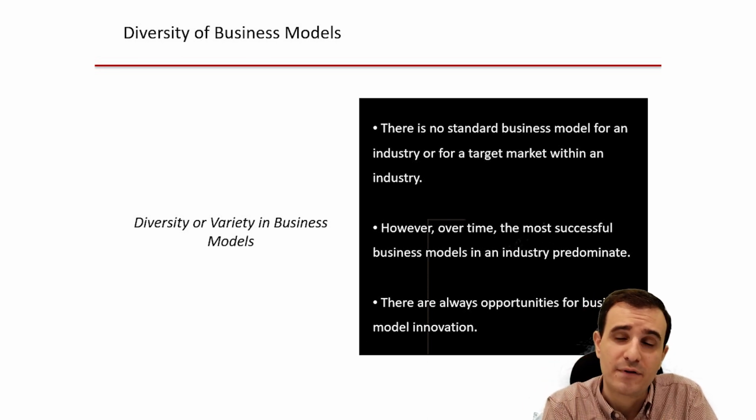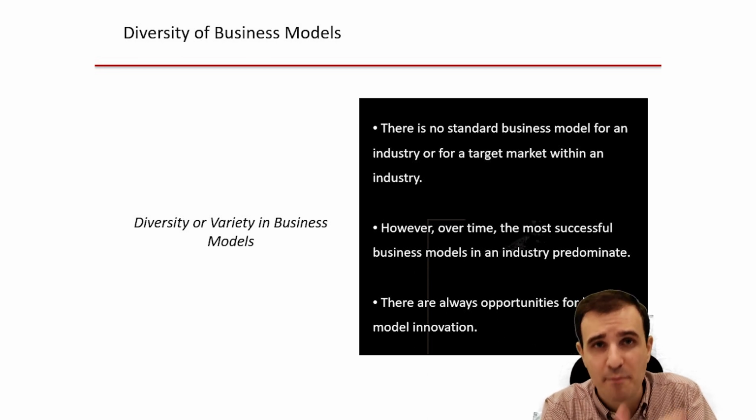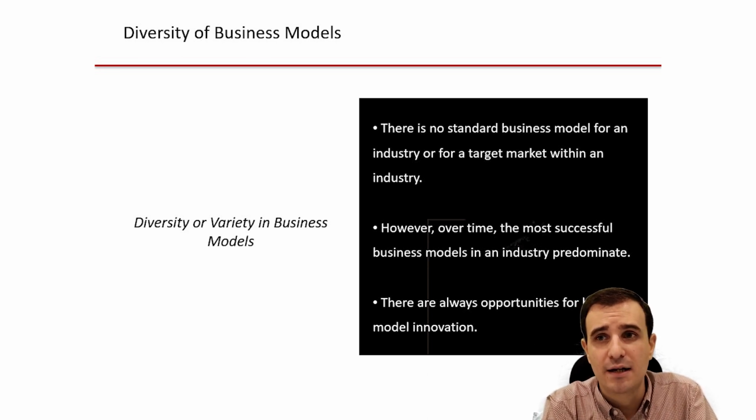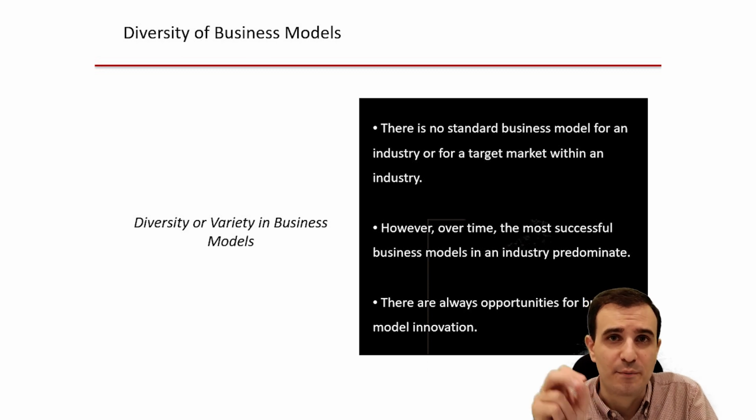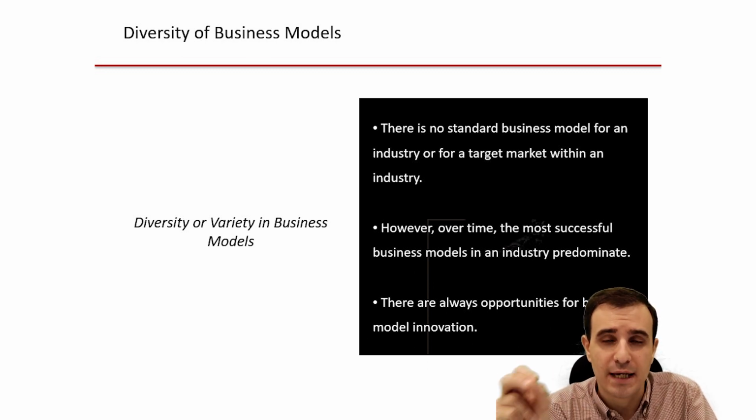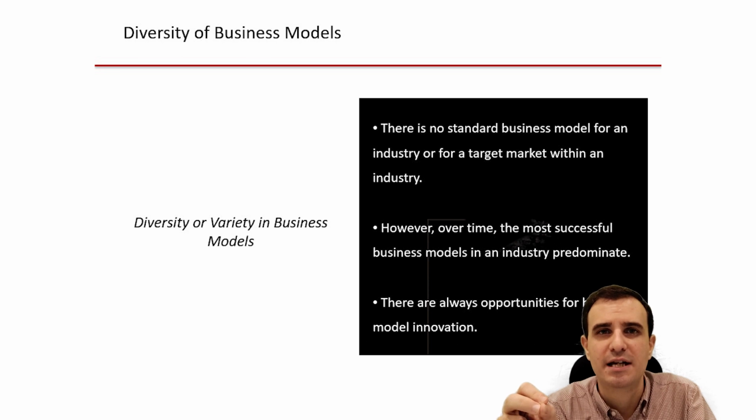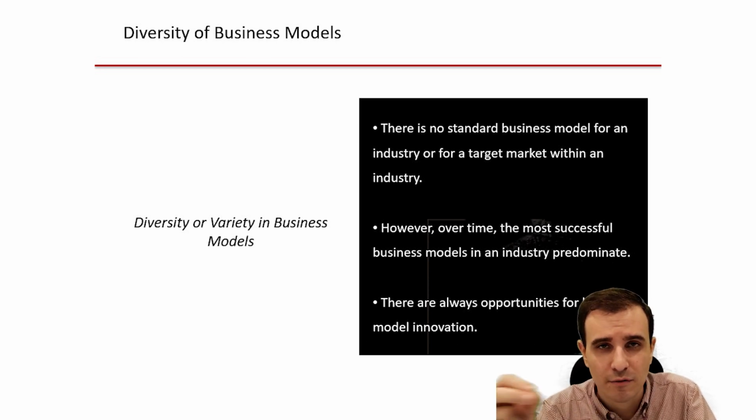Similarly, in the past 15, 20 years, we have seen a very rapid increase in adoption of the platform business model. We even define the past 20 years as the platformization of the economy. So companies adding platforms in their business model.